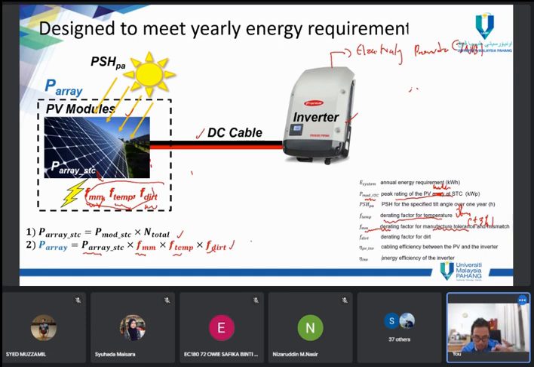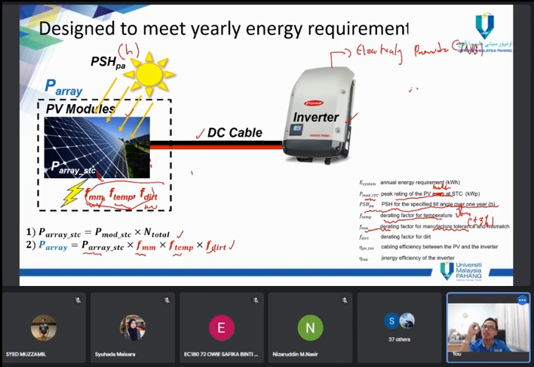How many hours are we going to obtain for that year? So PSHPA is equal to the PSH for the specific angle over 1 year, the per annual PSH. So we have the P array already, then we get the PSHPA already. What is the value for the PSHPA?